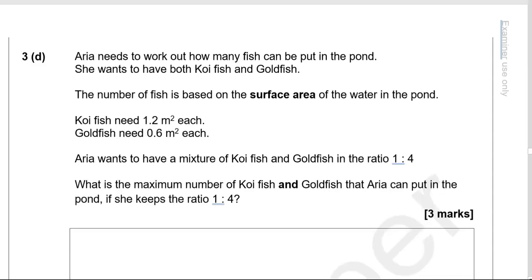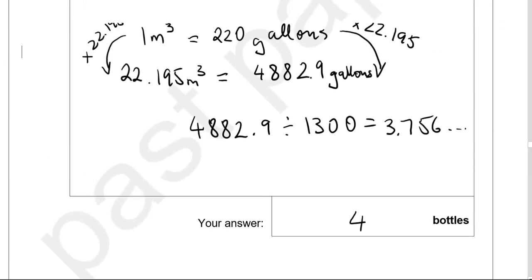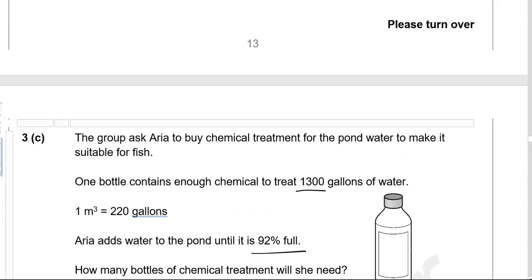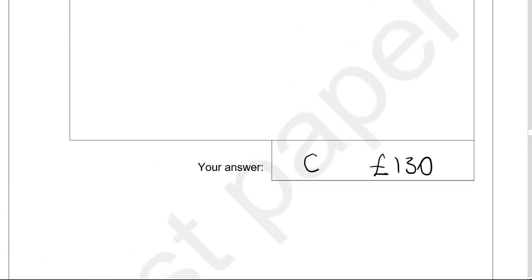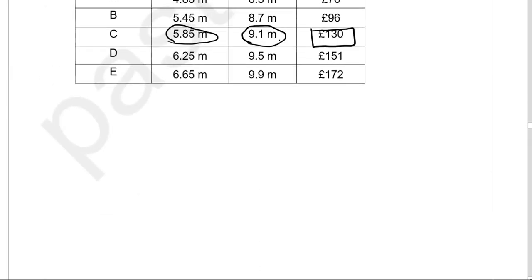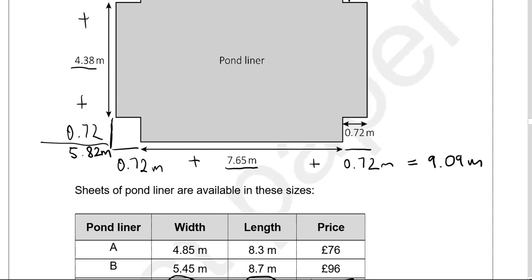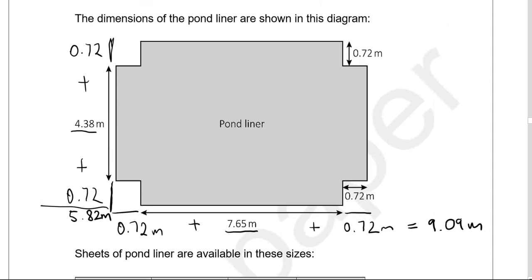The surface area of the water in the pond will be equal to the area of the base of it. And looking at the previous question we had, the dimensions of that are 4.38 by 7.65.